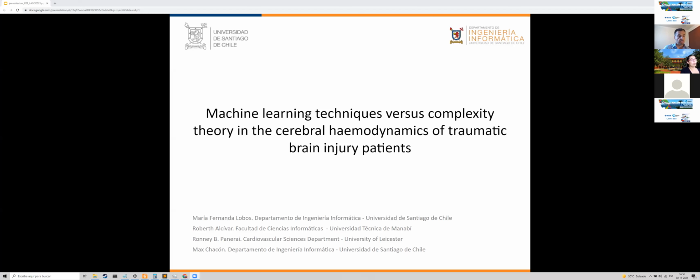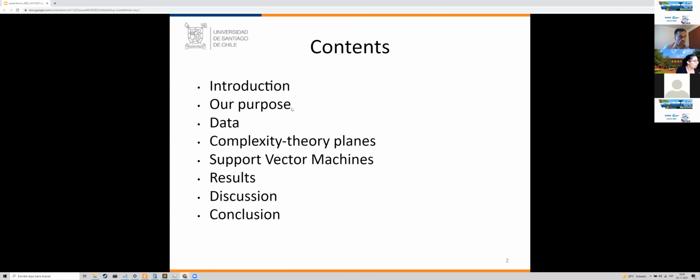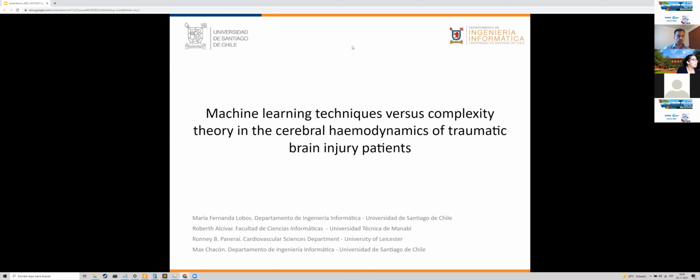Can you make it full screen? But it works. Yes, it works well. If there is a button to share the full screen, it will be better, but I think we can see everything. Okay, hide, then it works well if you do like this. We can see very well.